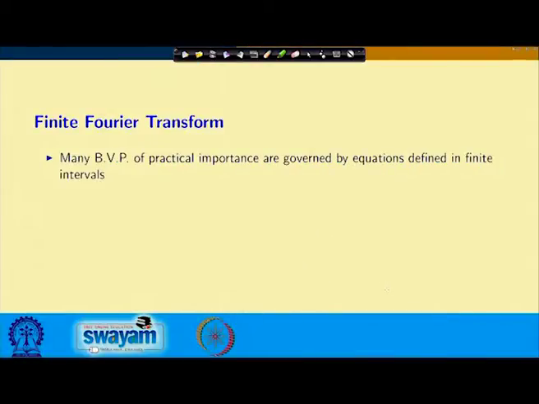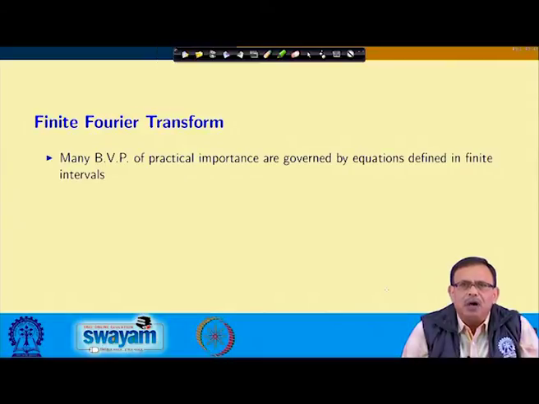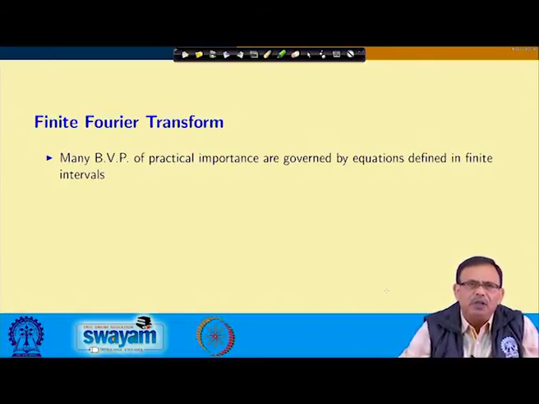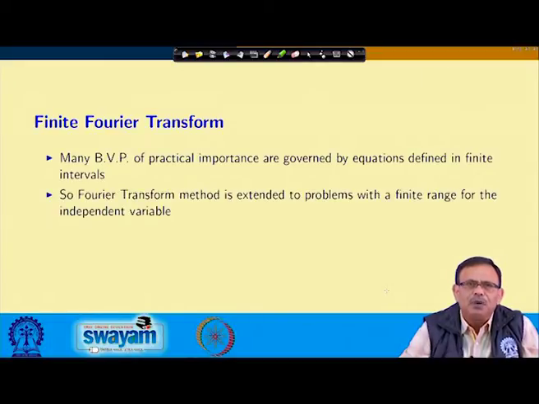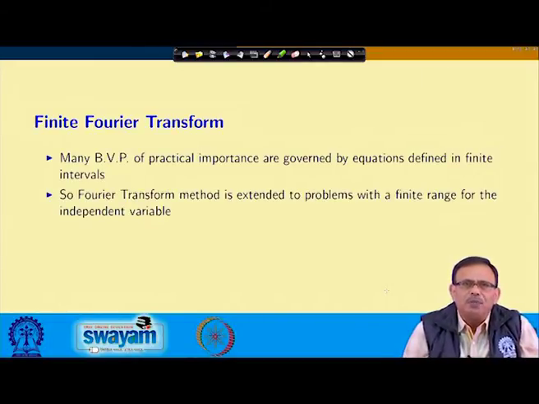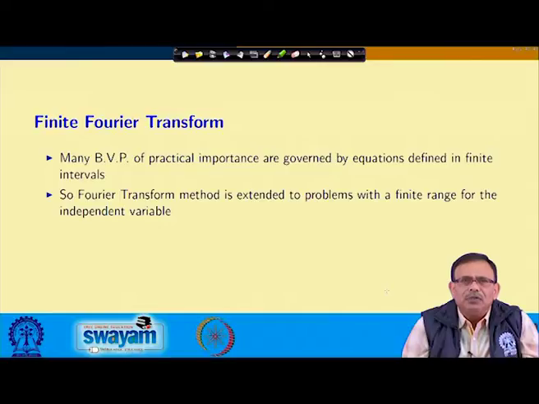Many boundary value problems of practical importance are governed by equations which are defined in finite intervals, as I was mentioning. This is one of the main reasons for the finite Fourier transform. So, the Fourier transform method is extended to problems with a finite range for independent variables.